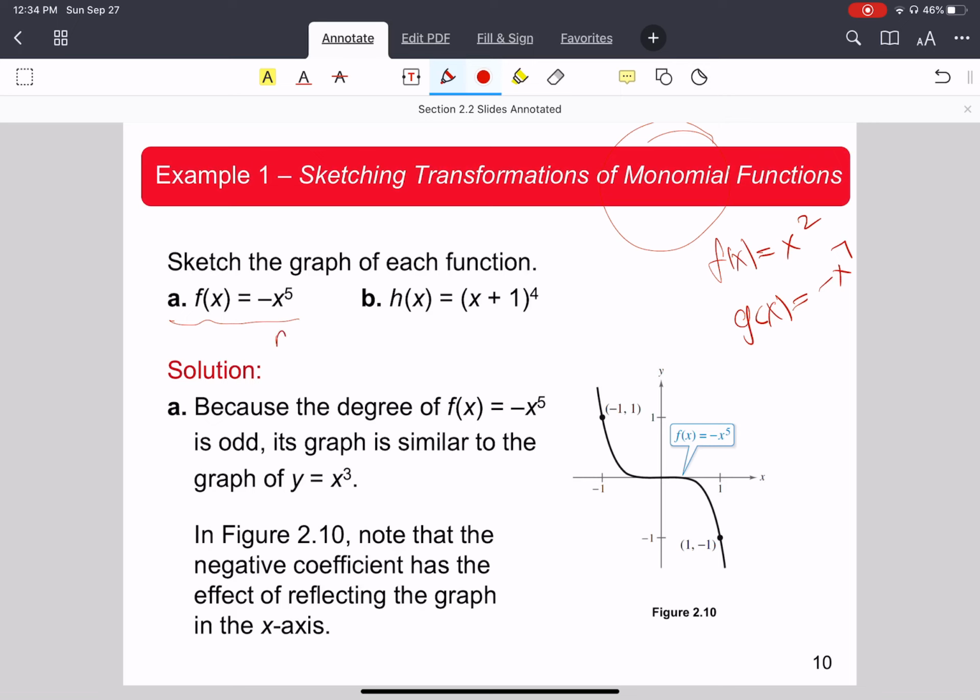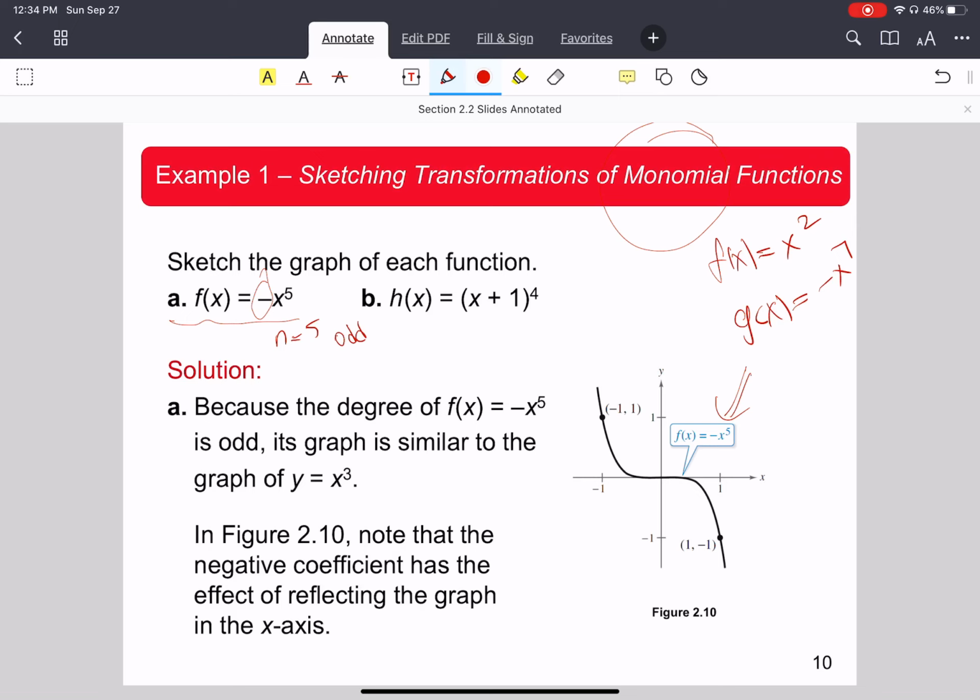You can see n, the degree, is 5, which is an odd number. So the graph is going to look like the ones we previously saw, like x cubed or x to the fifth. But because it's negative, it's going to be reflected about the y-axis, and it's going to look like this. The negative sign being multiplied is reflecting it.